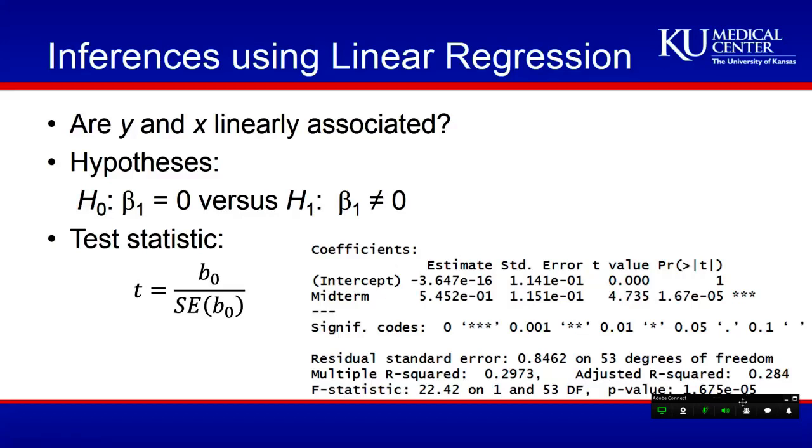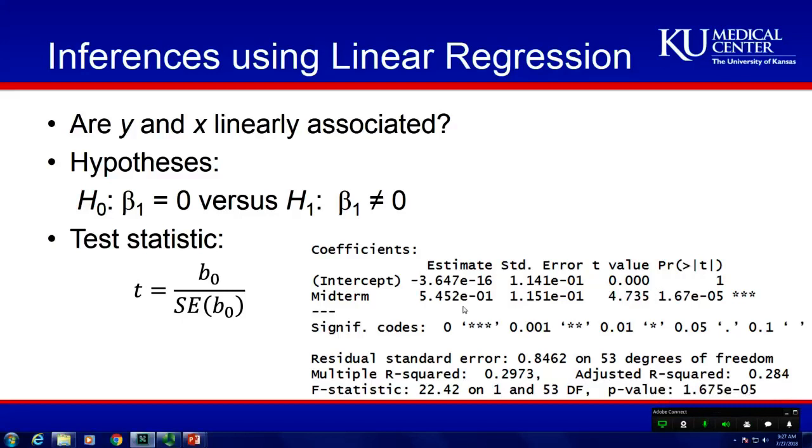But if you look at any standardized output, it will look like this, where you get a coefficients table, and you'll have a row that corresponds to your intercept term. So this is the estimates and information about our estimation of beta 0, the intercept, and one for the slope, which is, again, generally the one we're more interested in.